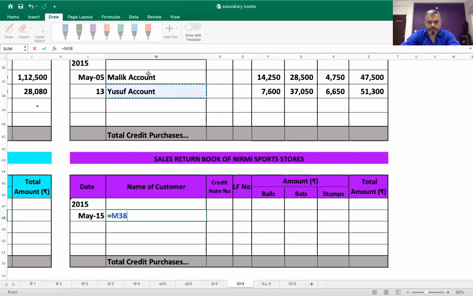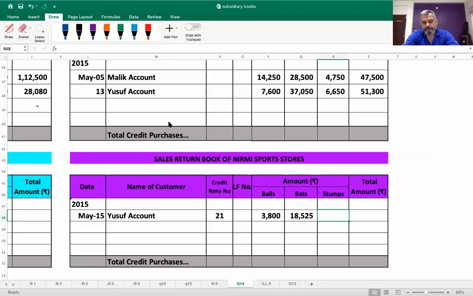Yusuf account, credit note number 21. Directly we can do half of it, so 7,600 divided by 2, 3,800, 37050 divided by 2, 18525, and 6650 is 3325.